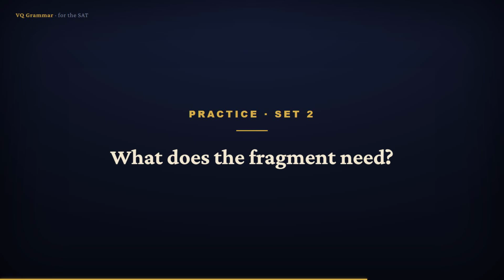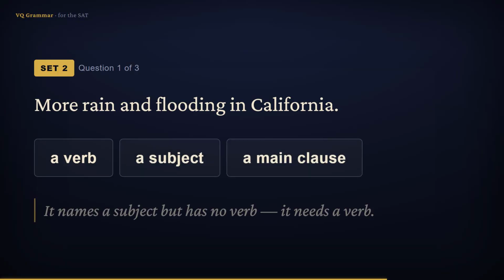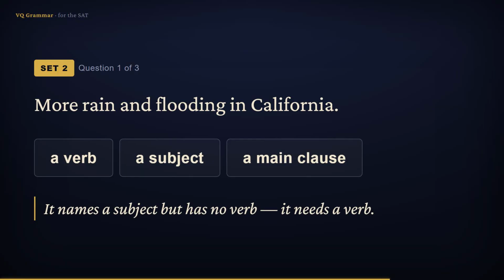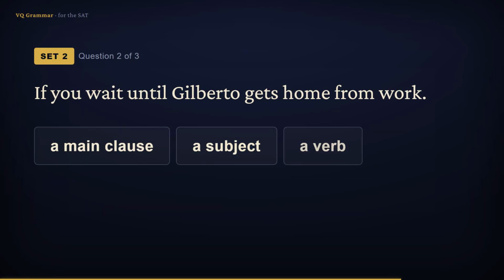Now each group is a fragment. Decide what you must add to complete it, a subject, a verb, or a main clause. Pause and try each. "More rain and flooding in California." It names the subject, rain and flooding, but nothing is happening. There's no verb, so it needs a verb. "If you wait until Gilberto gets home from work."